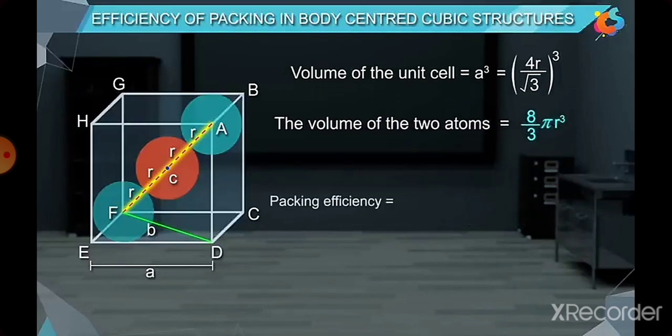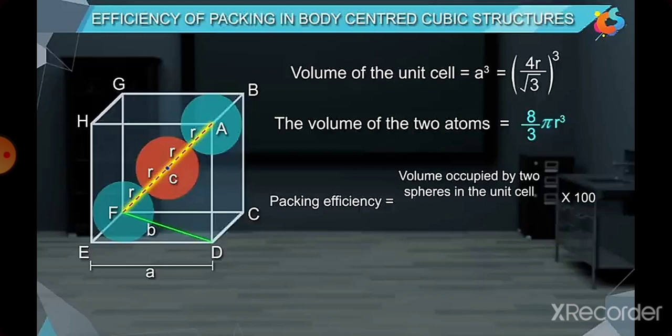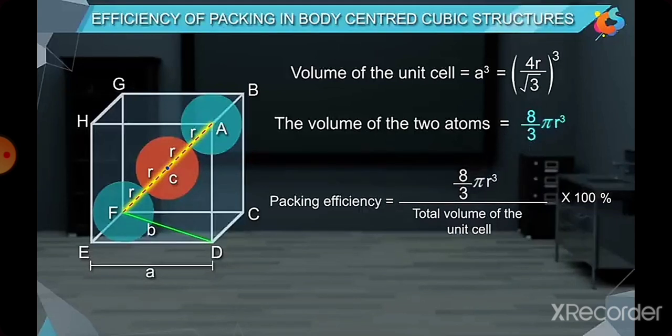Packing efficiency is equal to volume occupied by 2 spheres in the unit cell into 100 by total volume of the unit cell, percentage, which is equal to 8 by 3 pi r cube into 100 by 64 by 3 square root of 3 r cube, percentage, which is equal to 68%.